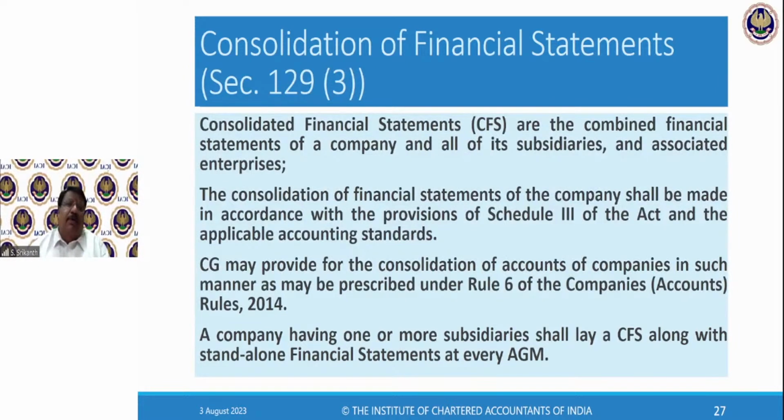The Central Government may provide for the consolidation of accounts of companies in such manner as may be prescribed under Rule 6 of the Companies (Accounts) Rules 2014. A company having one or more subsidiaries shall lay a CFS along with standalone financial statements at every AGM. So the rule is, when the company has one or more subsidiaries and associated companies also, then it should lay.